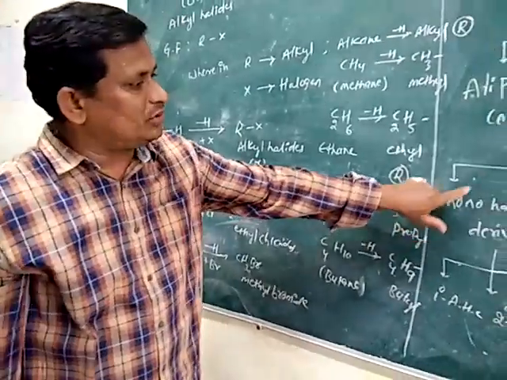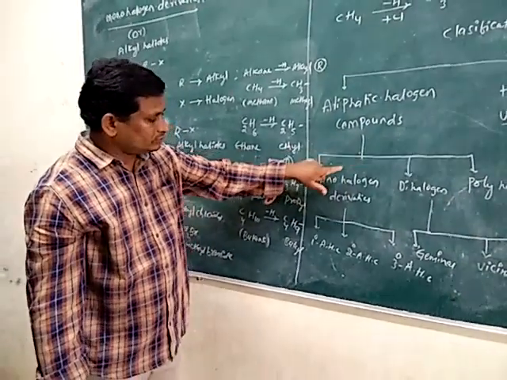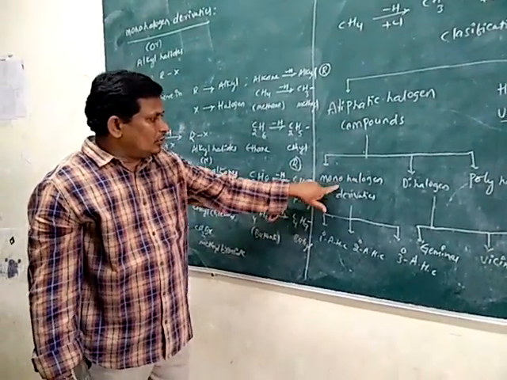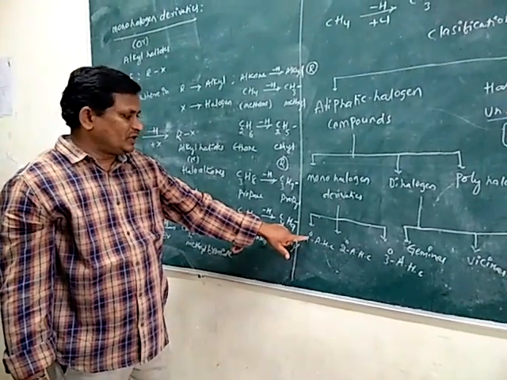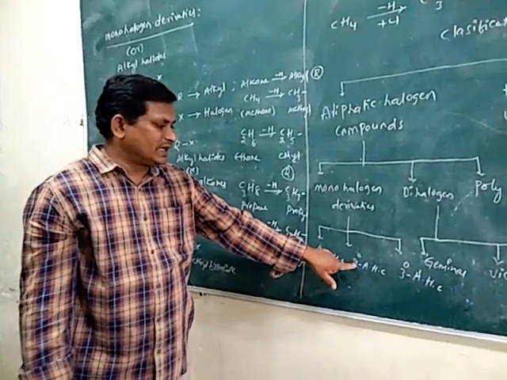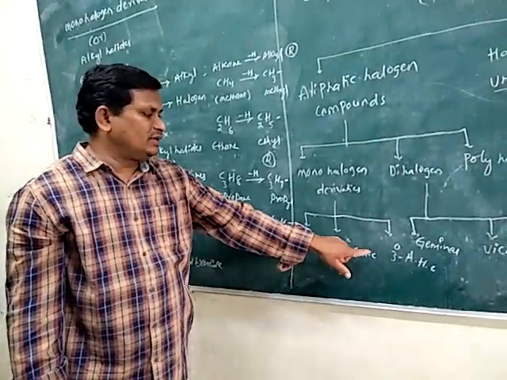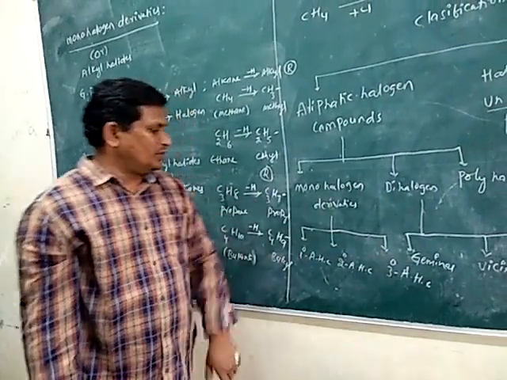So the first one is monohalogen derivatives. Next, monohalogen derivatives are classified into three types: primary alkyl halogen compounds, secondary alkyl halogen compounds, and tertiary alkyl halogen compounds.